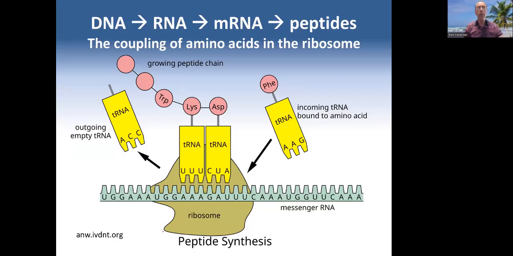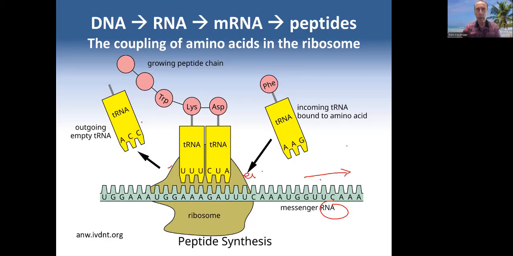Here you can see how it is done. Here you can see the RNA. This is the RNA, and here you can see the chain is pulled into the ribosome.